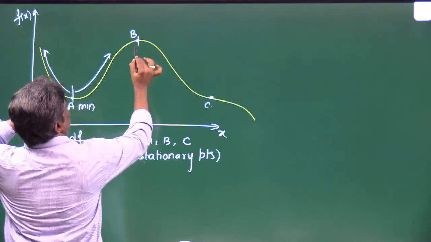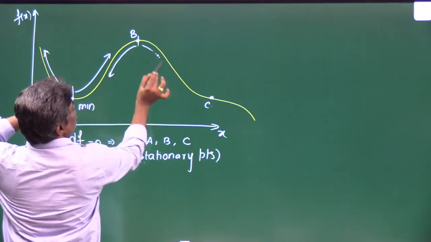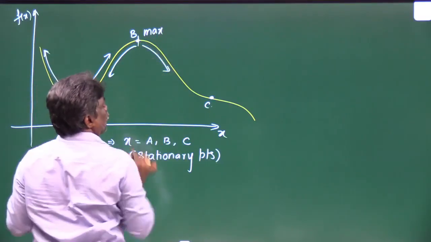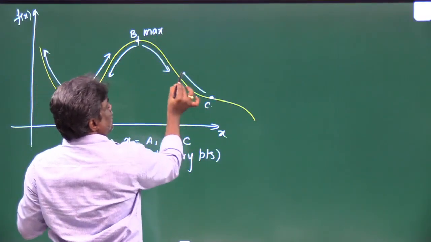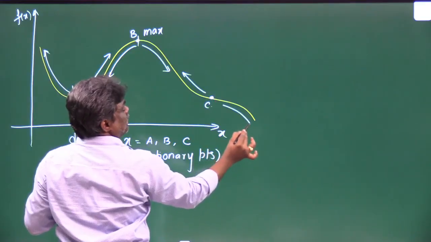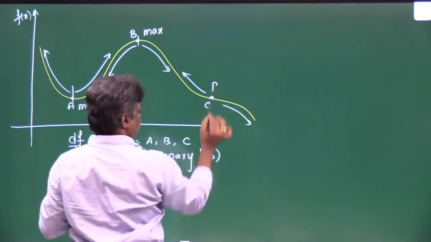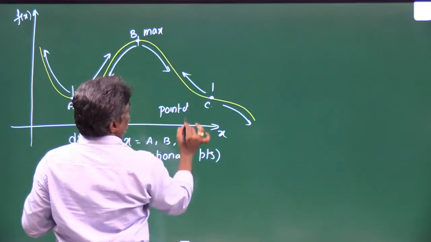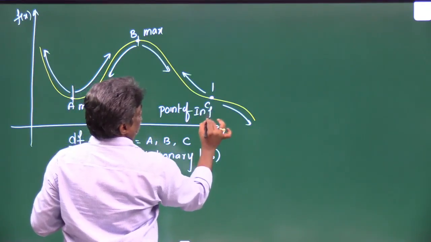With respect to b, the function value decreases on both sides, so this point is a maximum. And here one side is increasing and another side is decreasing, that's why this is a point of inflection.